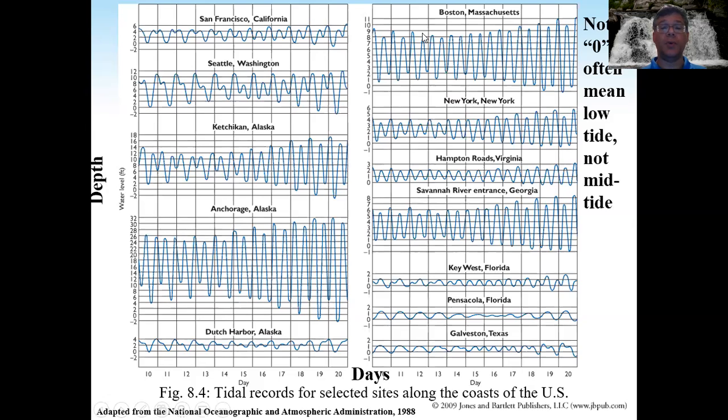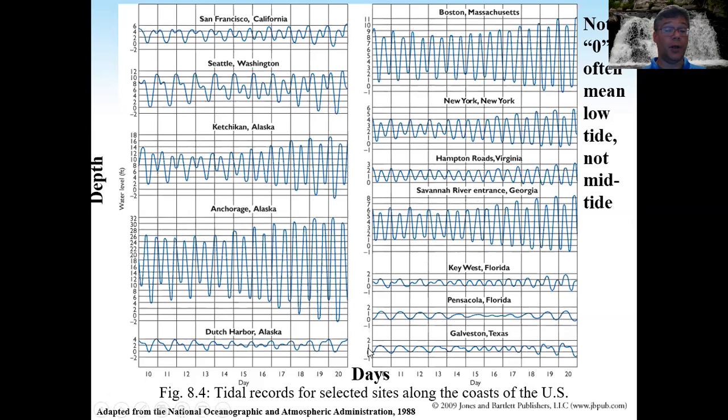Along the East Coast, we tend to have more of the semi-diurnal, and the Gulf Coast tends to be the diurnal. There are also noticeable differences in places such as Anchorage with a much wider tide range, and Gulf Coast typically relatively small tide range.